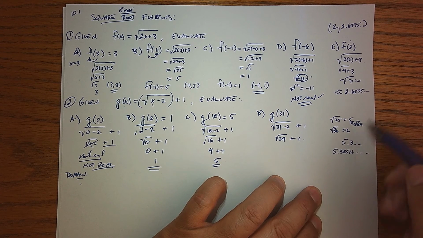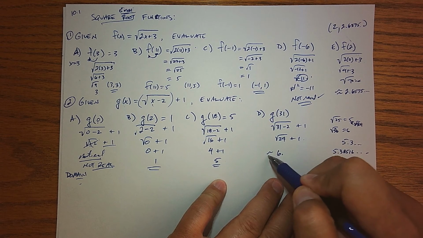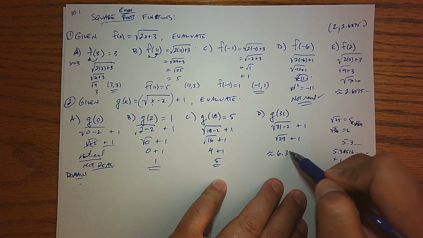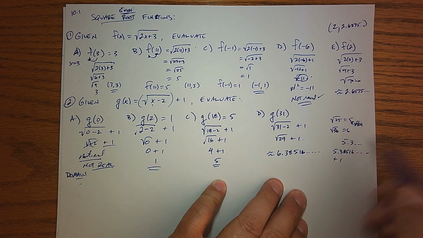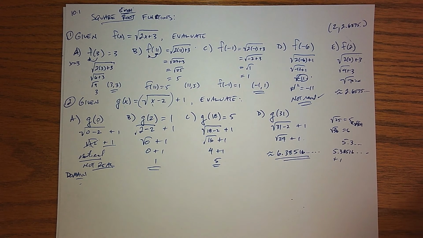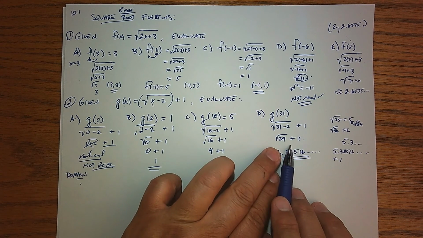We're adding 1 to it now. So if we add 1 to it, we're talking about roughly 6.38516, and it goes on forever. This is, again, not a nice number. It's irrational, but that's how I would calculate it. So be careful between something that just doesn't flat out exist versus something that's just not nice.